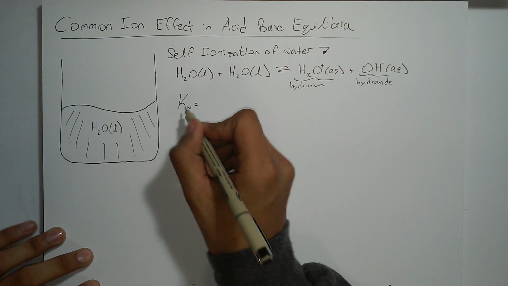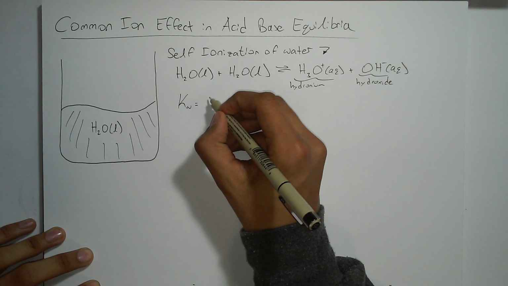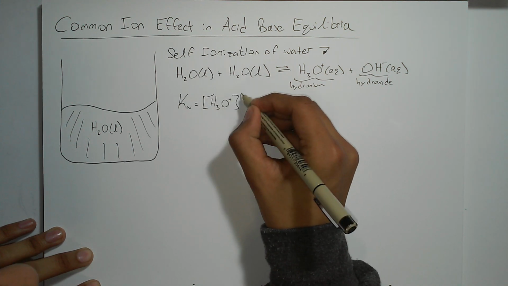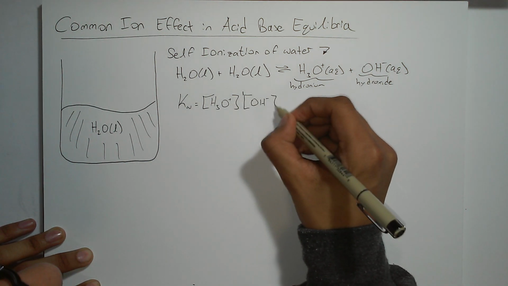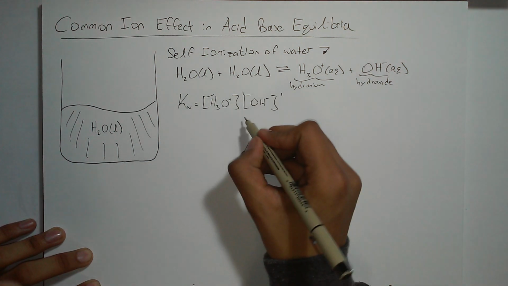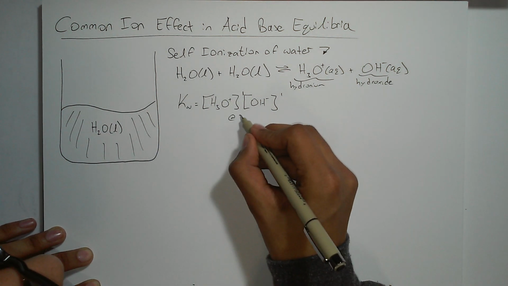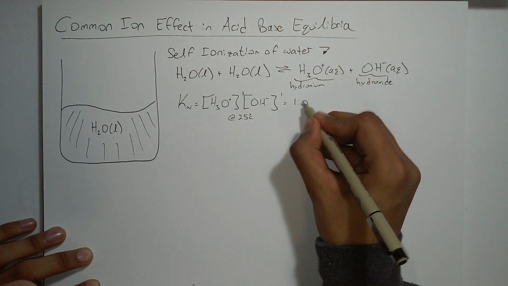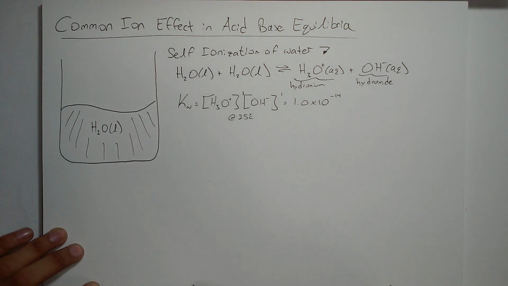So in this case, the equilibrium constant for this reaction, the self-ionization of water, is going to be the concentration of H3O+ to the first power times the concentration of OH- to the first power. And we learned in Chapter 16 again, just a quick review, that at 25 degrees Celsius, this value is always going to be equal to 1.0 times 10 to the negative 14.